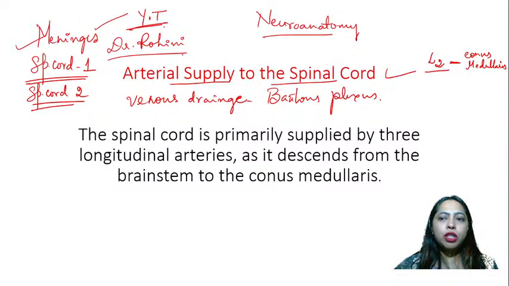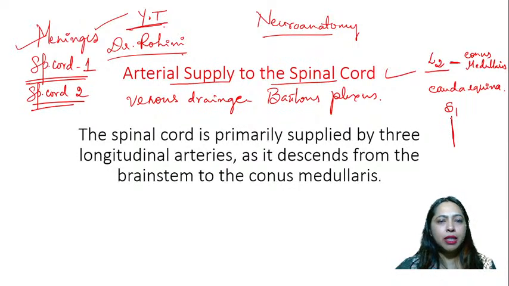Beyond this L2, you have a tuft of fibers, and that is known as cauda equina. Then later on, cauda equina also ends, and beyond the level of S1, there is only one layer sticking out like a thin thread, and that is known as filum terminale.